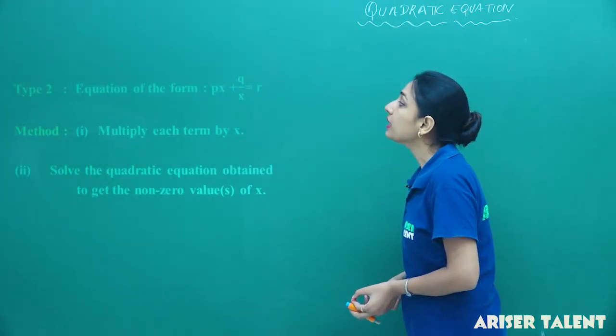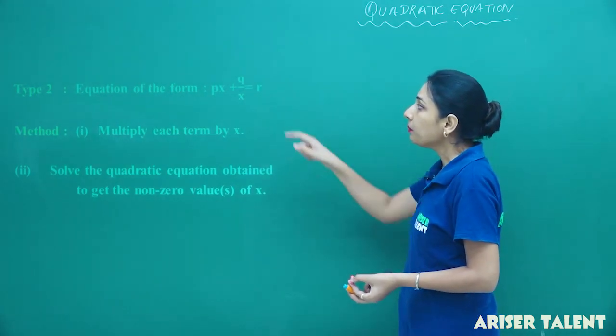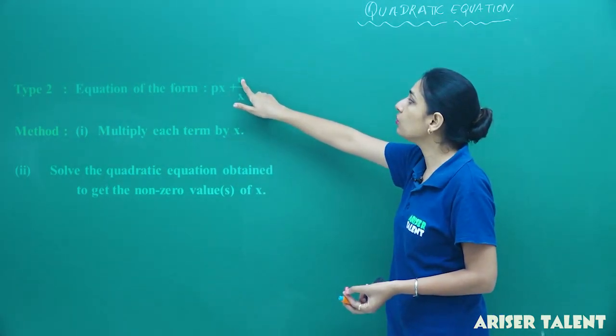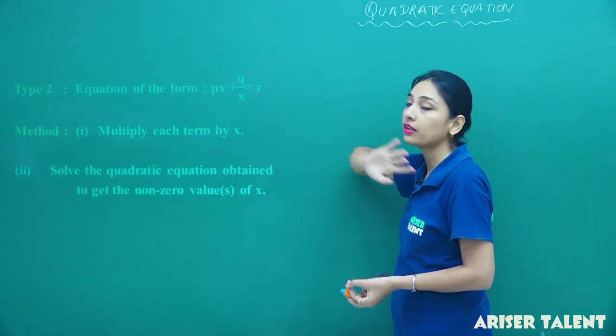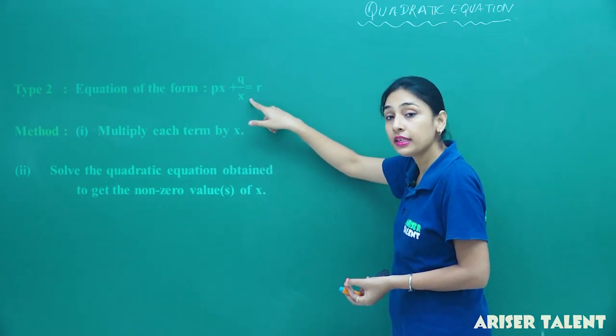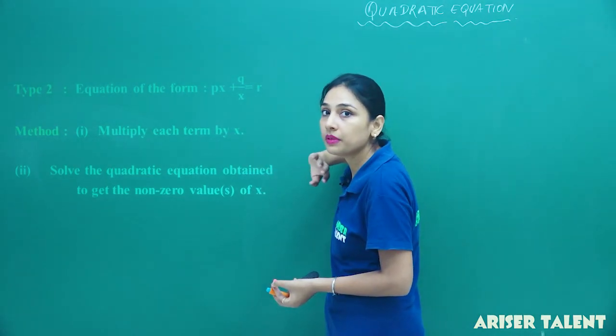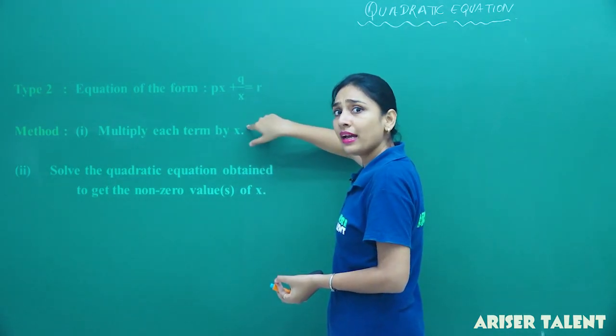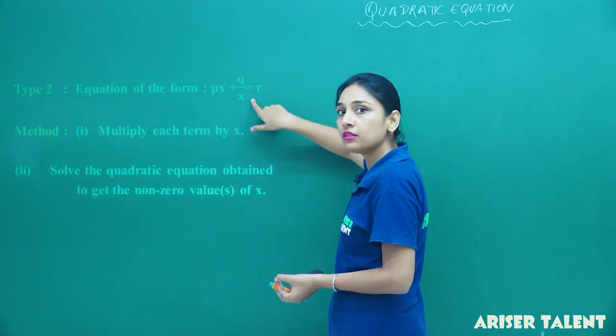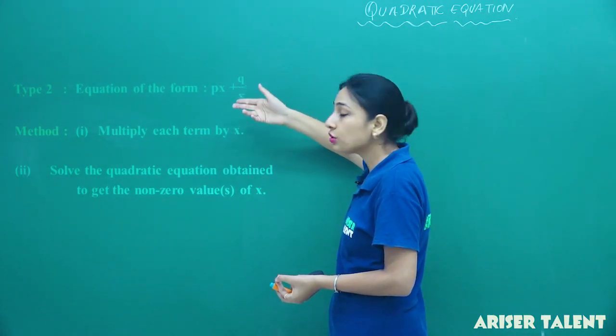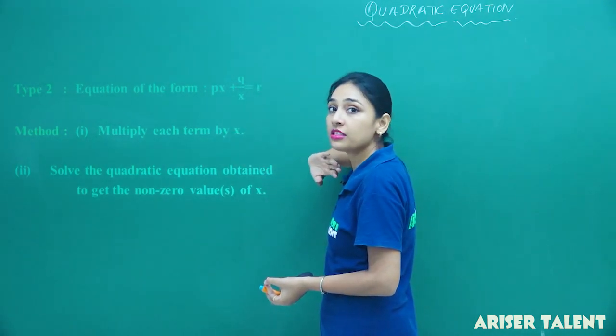Type 2, equation of the form px plus q by x equals to r. Now, what is irritating you here? You can deal with this px, it's simple. But q by x, that will be x to the power minus 1. We are not going to deal with such kind of equation.